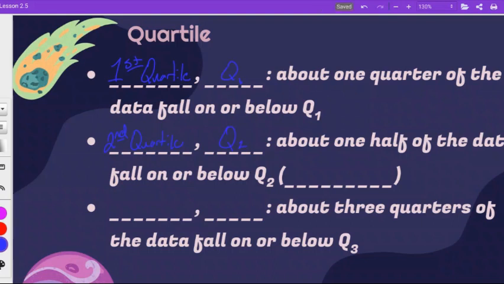About halfway or 1/2 of the data falls on or below Q2. So Q2 is also the median. And then we do have the third quartile, or Q3, which is about 3/4 of the data fall on or below Q3.